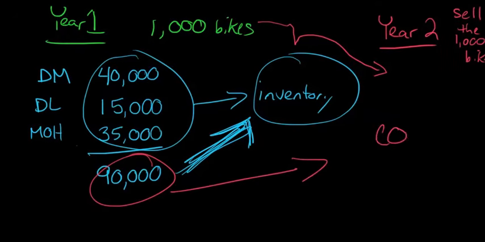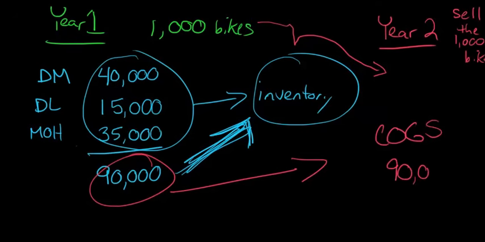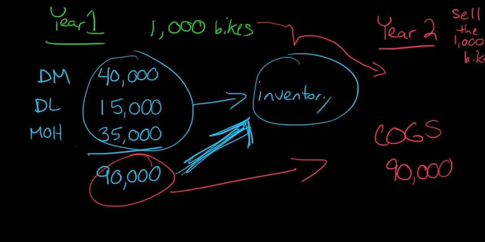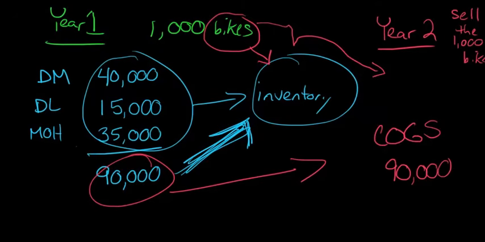Well, we're going to have something called cost of goods sold, and that's going to be 90,000. So what is happening here? We make the bikes and they become inventory. And then we've got this 90,000, these costs that are becoming part of inventory. They're staying with the bicycle, right? The bicycle's in the firm, it's inventory, the costs are staying in the firm.